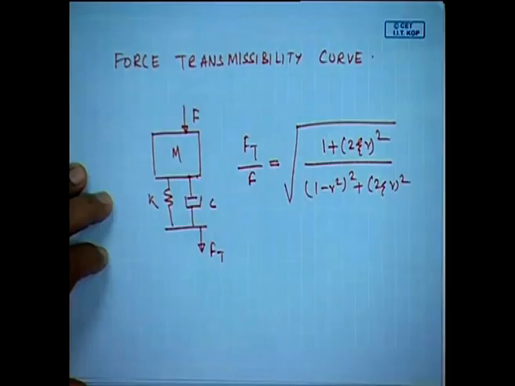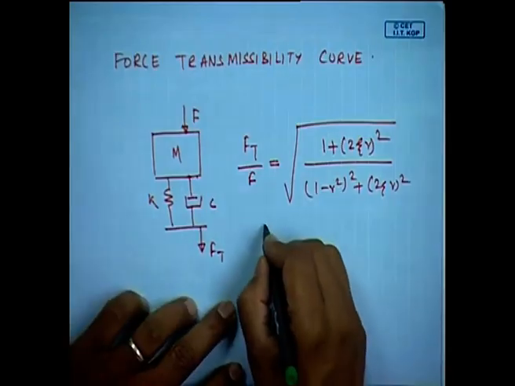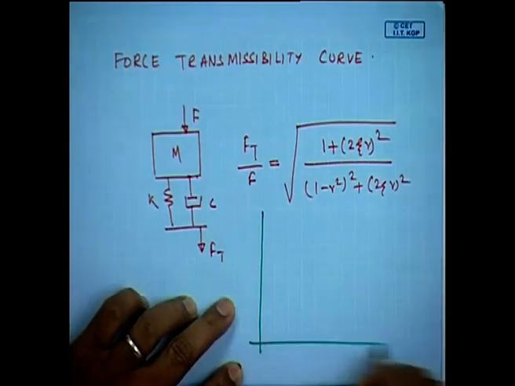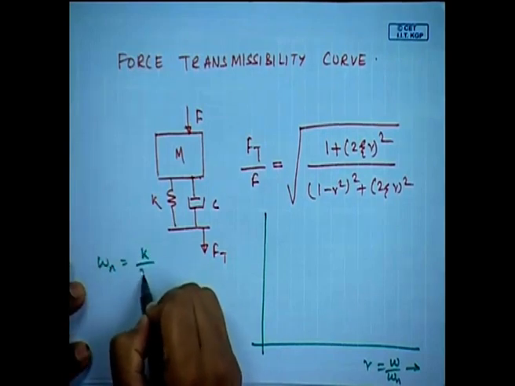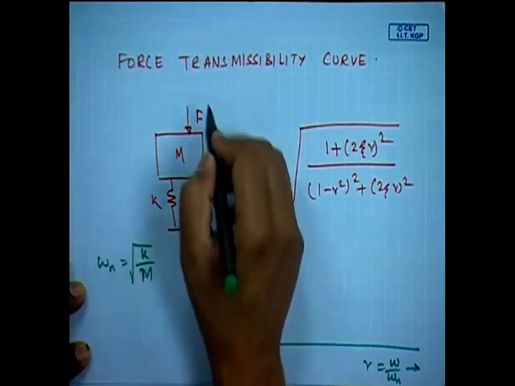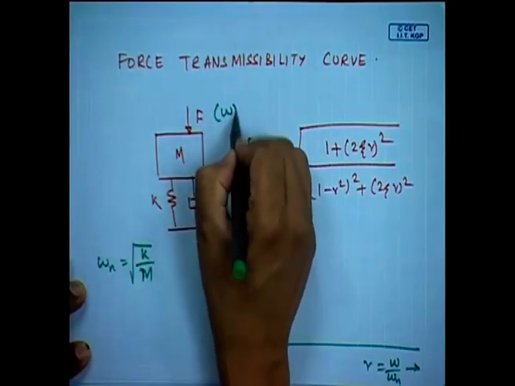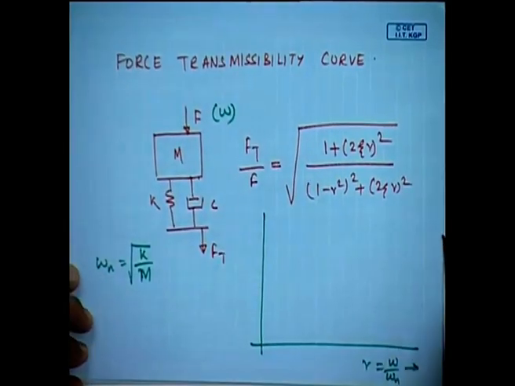And if I was to plot this curve where r is equal to omega by omega n, omega n is equal to root of k by m, and omega is the forcing frequency.